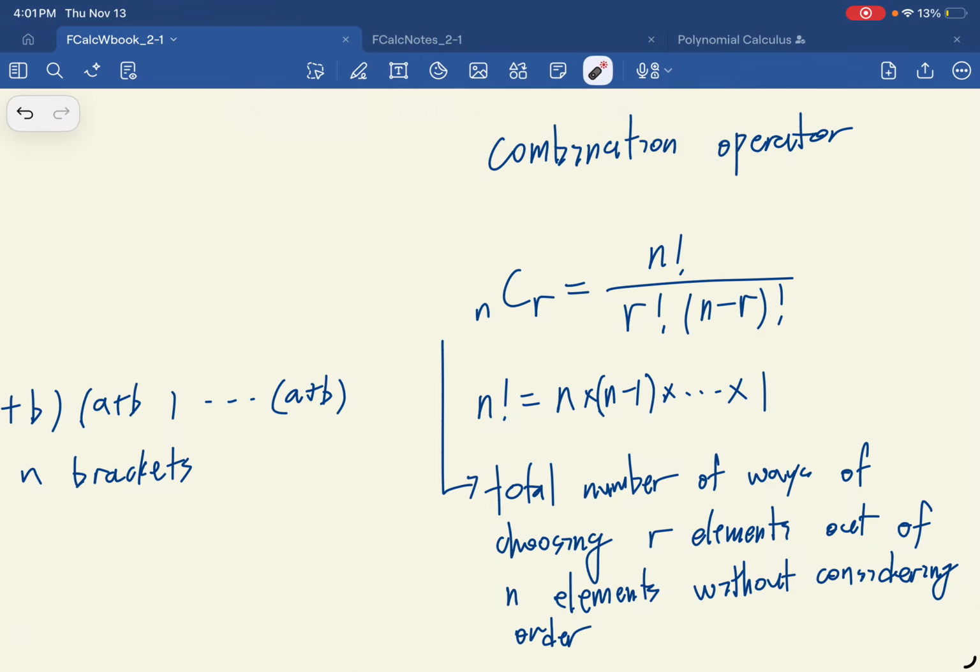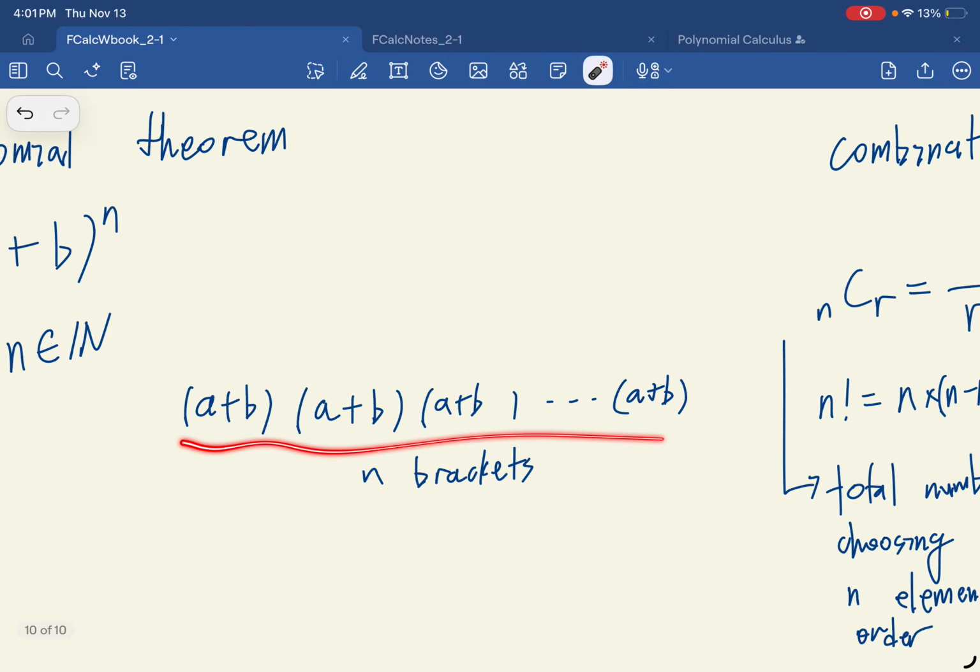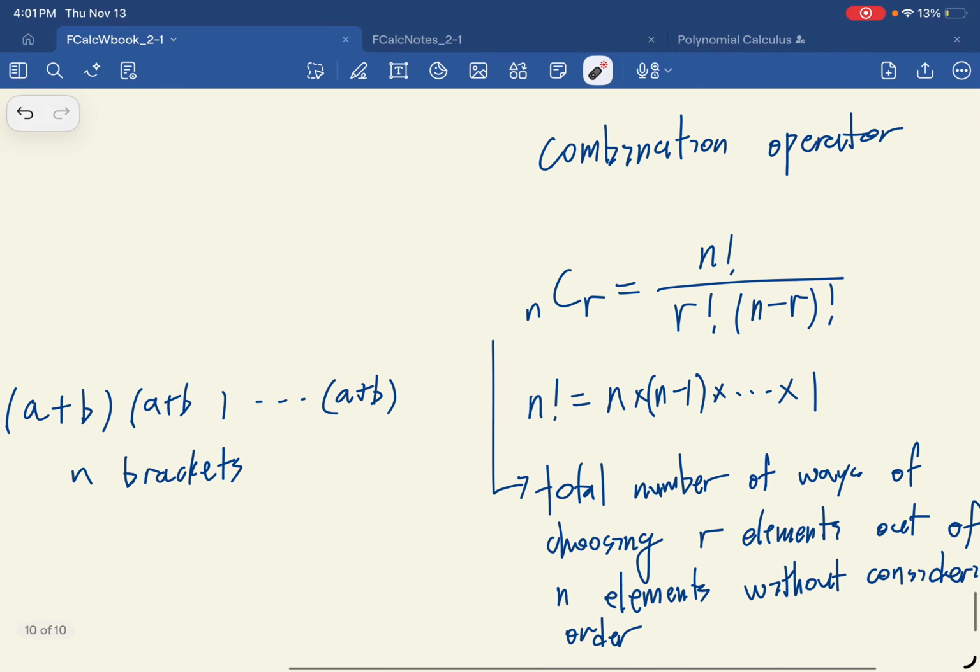So let's say we have 10C2. What that means is this is going to give you the number of ways you can pick 2 elements from 10 elements without considering the order that you choose them in. That's why we have r factorial in here. We're dividing by the number of possibilities that you can arrange them. Because in some cases like this one, we don't really care about the order that we pick, right? As long as we got the number of B's and the number of A's, then we're good, right? So we don't have to care about order in this case.